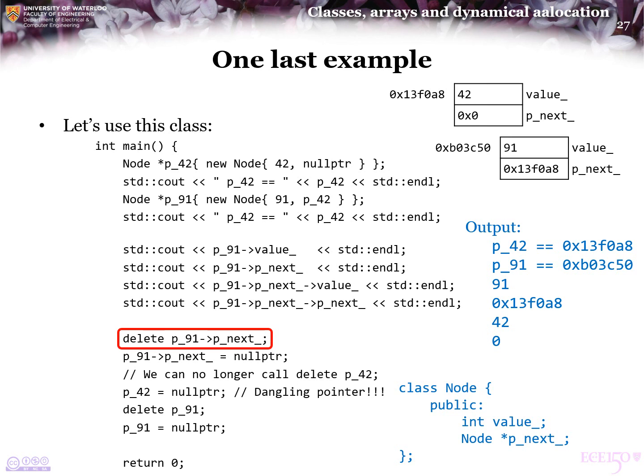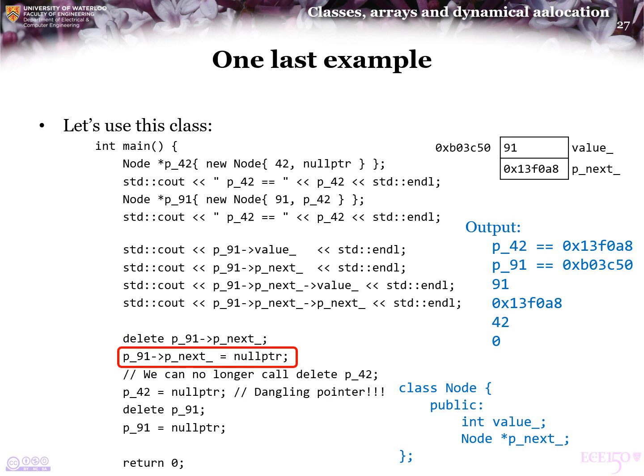So that tells the operating system we no longer need the memory at the address 13F0A8. That memory is now deleted. It is gone. We then assign P91 pointing to next null pointer. So that sets the second member variable of that instance to 0, the null pointer.